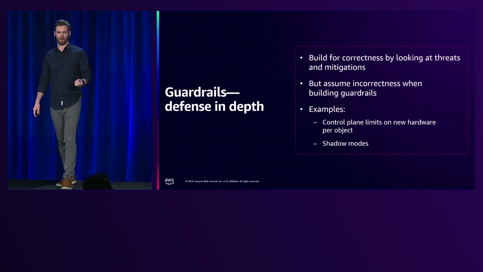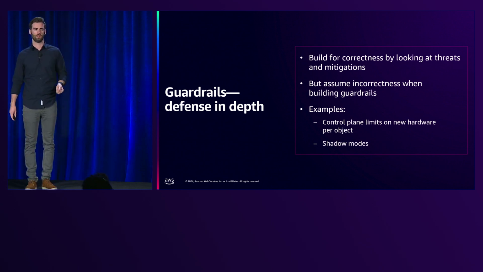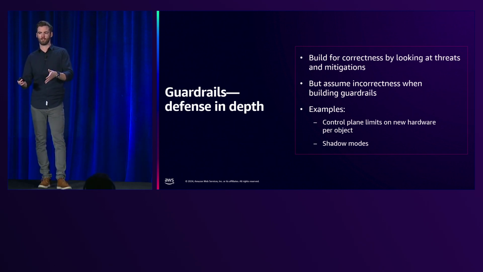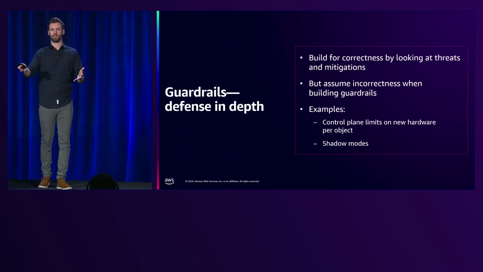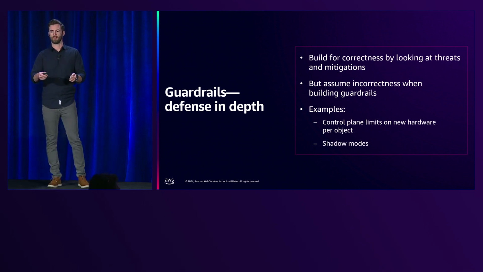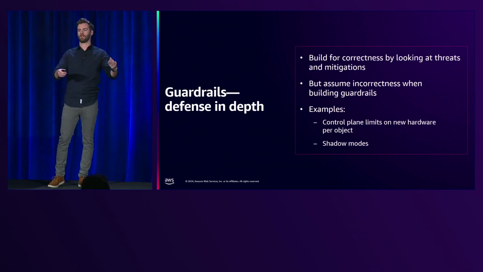Shadow mode is also another guardrail we have in place, and we use it quite often. It's also called metrics mode. It's basically where we deploy a large-scale change that doesn't necessarily have external side effects and run it alongside existing code. So you can imagine sometimes we're processing requests or processing metadata on a request. We deploy a new change. We'll also process that metadata using the new code at the same time, but we will not persist those changes from the new code.